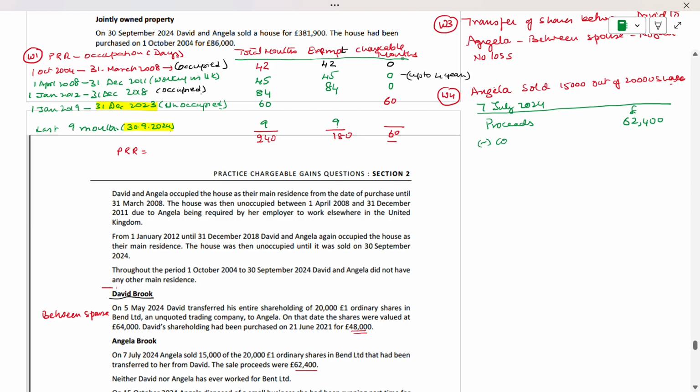What is the cost? 20,000 shares is equal to 48,000. 15,000 is equal to question mark. Are you clear about this?